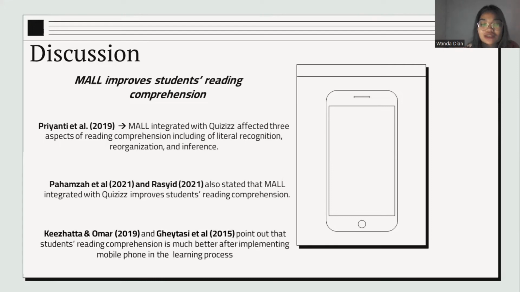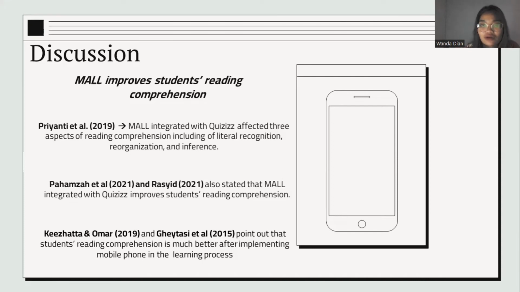Kazhata and Omar 2019 and Gaitasi et al. 2015 point out that students' reading comprehension is much better after implementing mobile phones in the learning process. So by utilizing mobile phones in the learning process, it helps students to recognize words, vocabulary, word decoding, and also it helps retention, which relates to how much we can recall of the information after we read something.